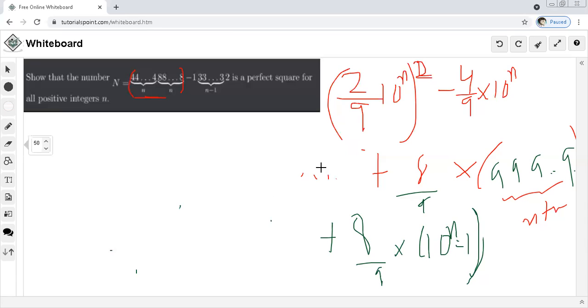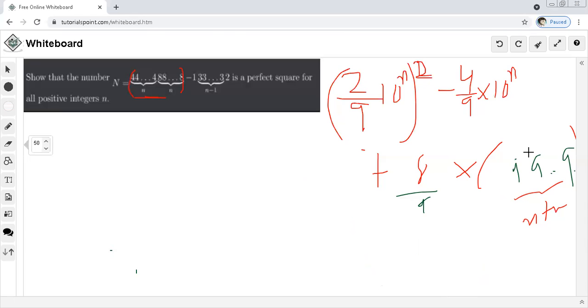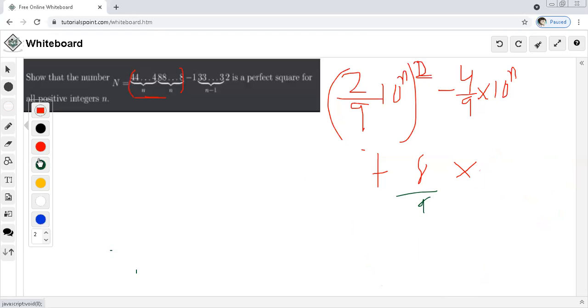Time for the next term. Let's leave this term as it is by just replacing them with 10 to the power n.